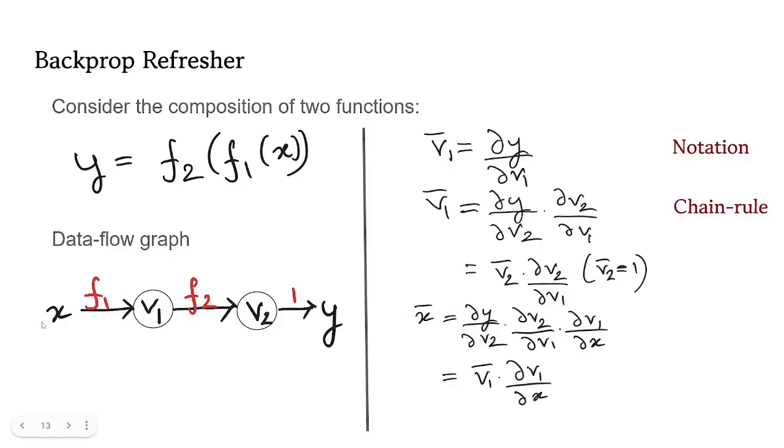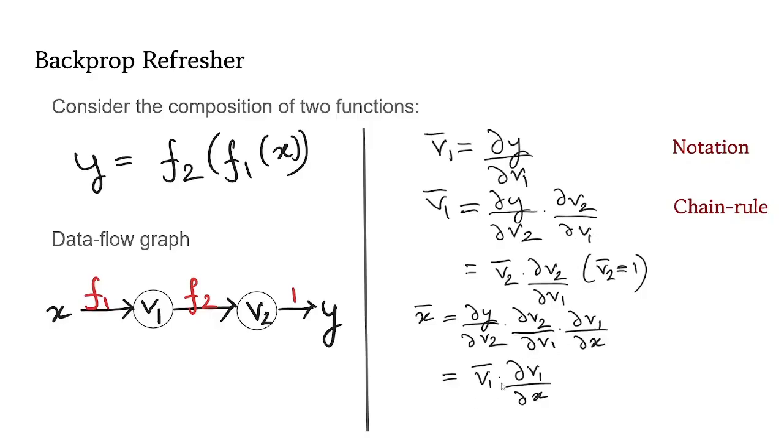And if we go one step back, I'm interested in x bar, the derivative of the output with respect to x. And I can decompose it by the chain rule in this way. Now, these two taken together, the derivative of the output with respect to v2, followed by the derivative of v2 with respect to v1, is exactly v1 bar, which I wrote here.